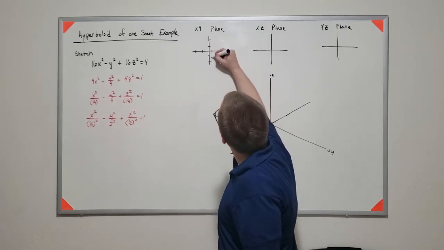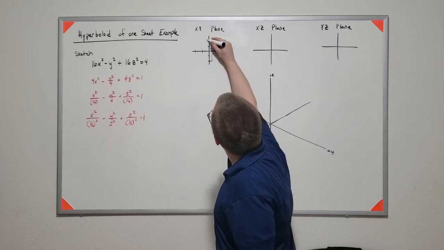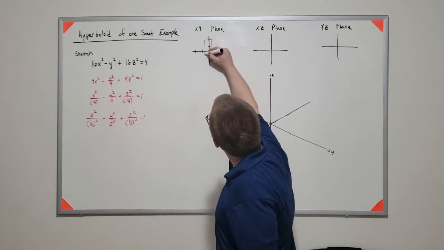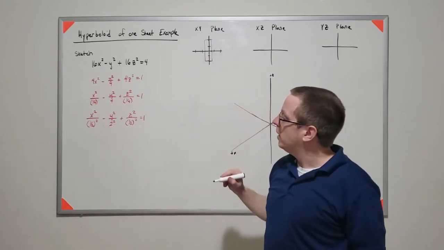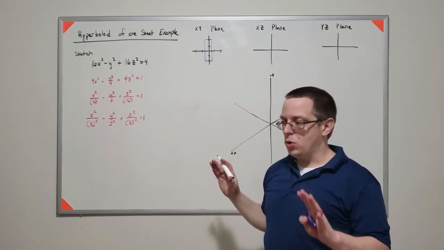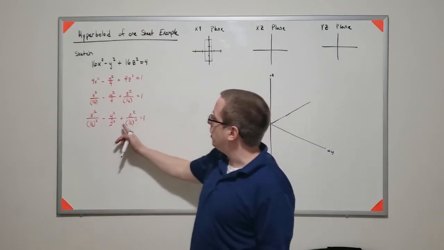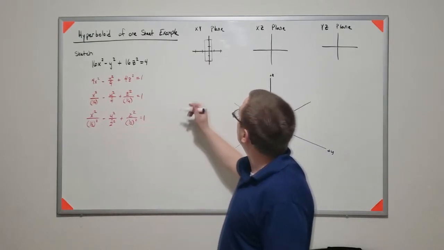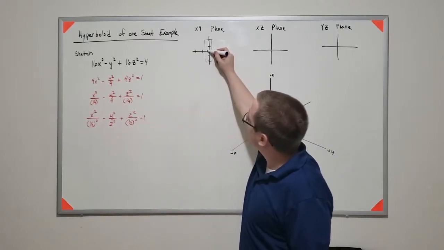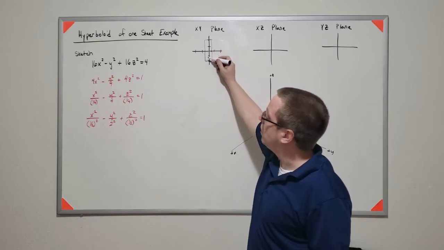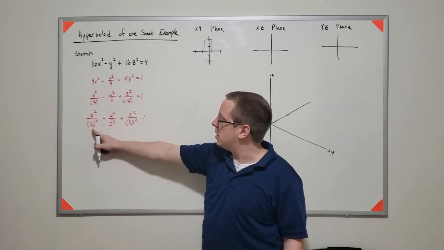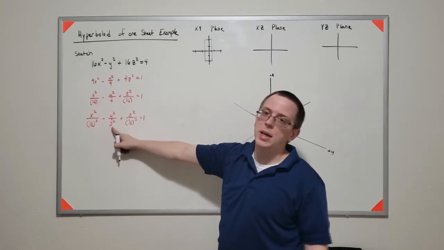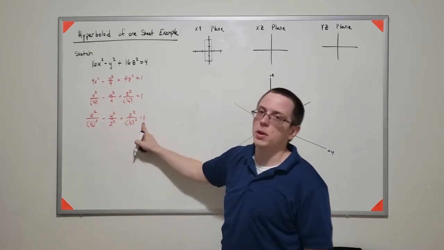So if I have some sort of box that contains that, then you can also determine the values where they strike the axis. If x is equal to 0, well, y can't be anything because that wouldn't be able to be equal to 1.